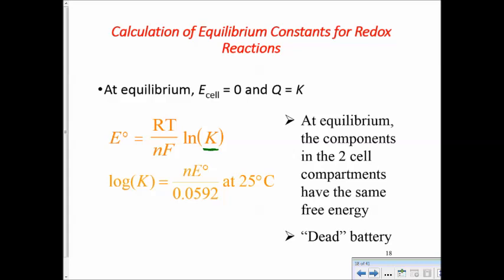Now, you would start out with a positive E cell, but eventually, after the components run out and the electrons have flowed in their direction and you run out of juice, basically, it will eventually go dead. That could be due to the salt bridge components running out, or the solutions, or the electrodes. Yes, it could be a number of things that eventually get it to that equilibrium where there's no more flow of electrons.